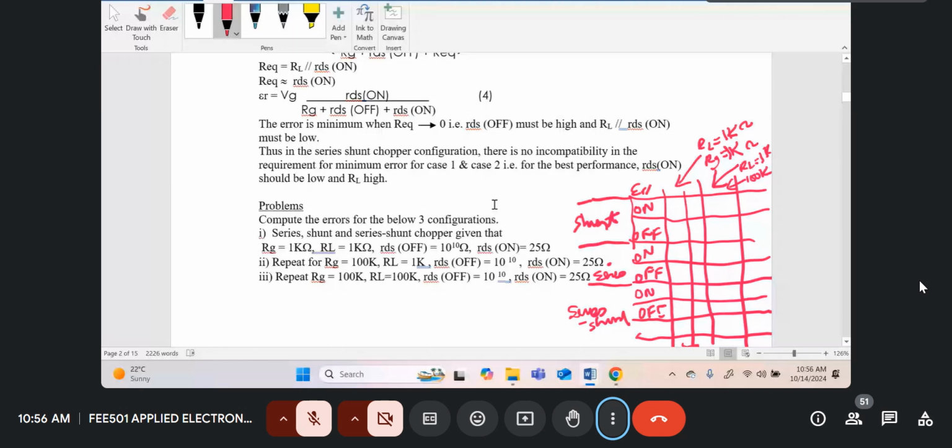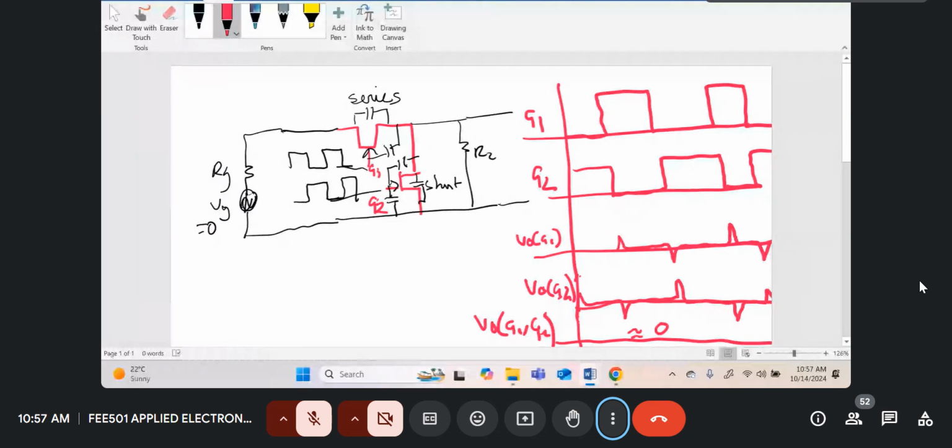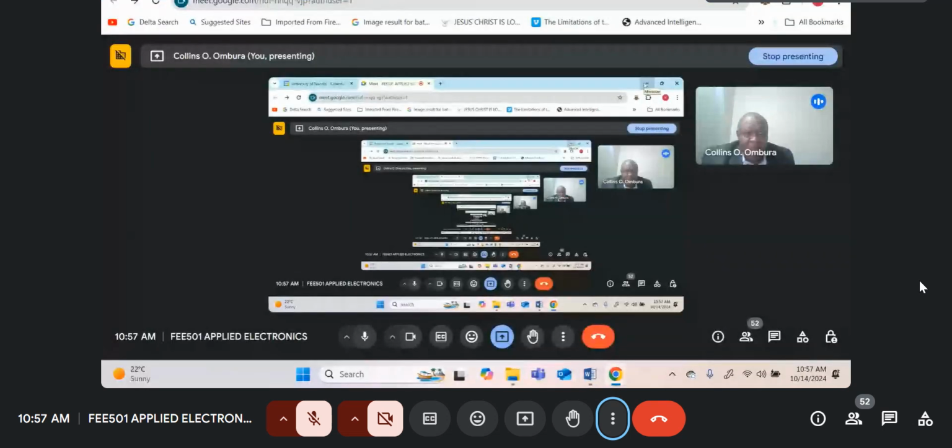Now in the lab, if you use a transistor or an FET which is designed for chopper, those switching spikes are very, very tiny, almost negligible, because these capacitances are very, very small.